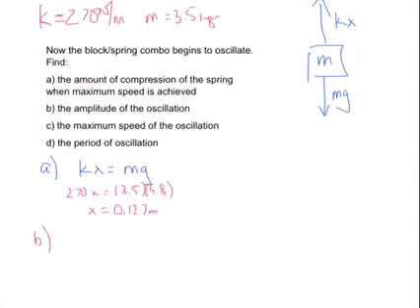It's our max compression minus our equilibrium compression. We'll do it in centimeters here: 58.1 minus 12.7 centimeters. Our amplitude of our simple harmonic motion is going to be 45.4 centimeters. Again, it compresses by that much, goes to equilibrium, stretches by that much, goes back to equilibrium again, and oscillates again with that amplitude in simple harmonic motion.